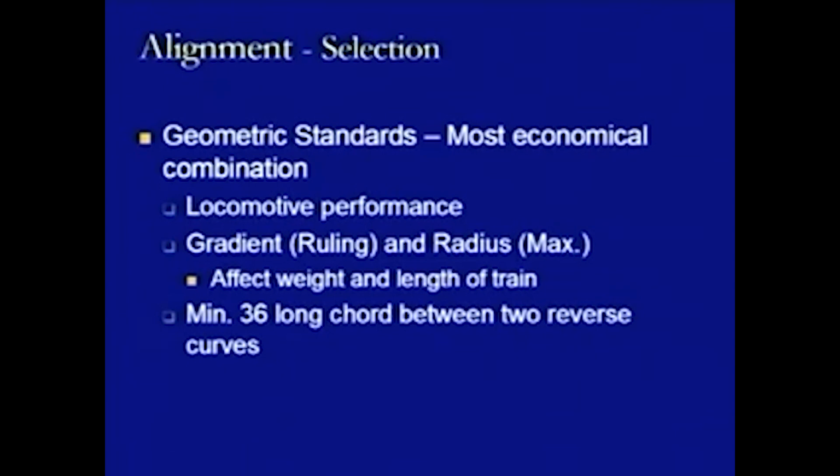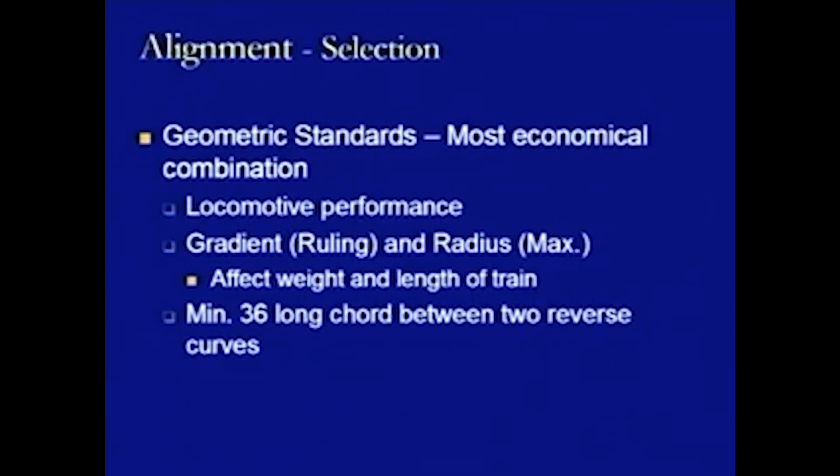With a maximum radius, the loss of tractive effort will be minimum, because the angle by which the train is steered with respect to the angle in which the tractive effort acts is very small, so the loss of tractive effort is lower. Both of these affect the overall weight and length of the train which can move on that section.